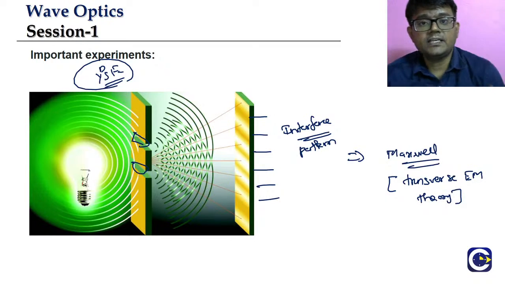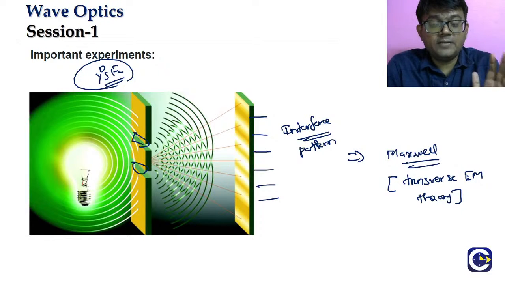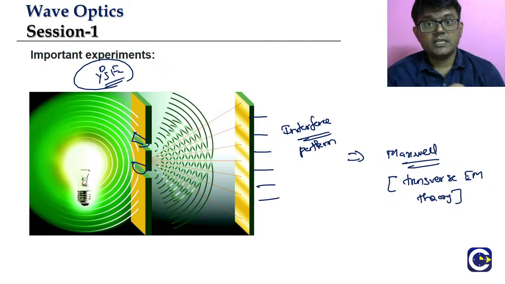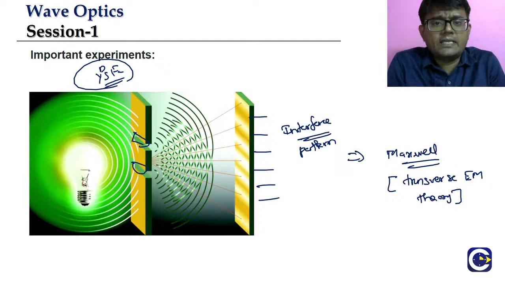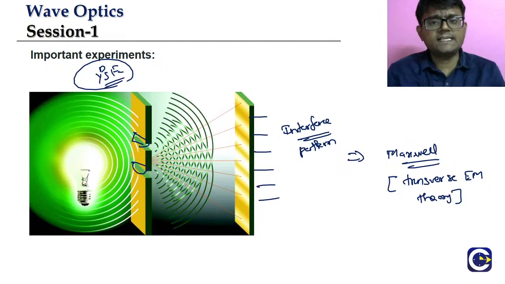The oscillating electric field and magnetic field maintain their directions perpendicular to the direction of propagation of the wave. We talked about Maxwell's theory of electromagnetic wave propagation. Okay, so Maxwell proposed the theory, and further the electromagnetic wave phenomena were experimentally demonstrated by scientists like Hertz and others.